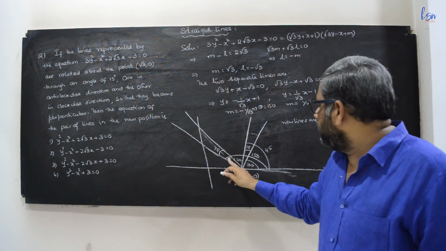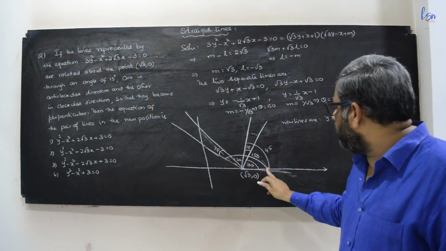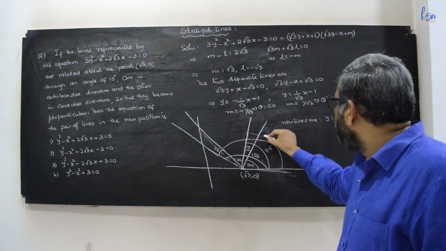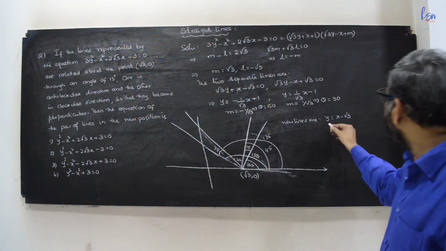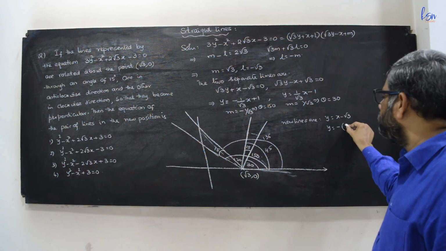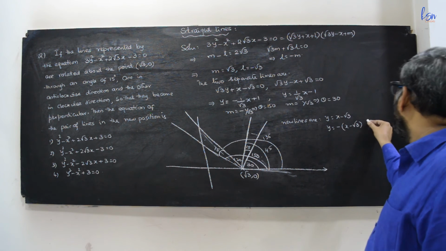The other one was making an angle 150, and now this is 135 degrees. So the second line is y equal to tan 135, minus 1, into x minus root 3.